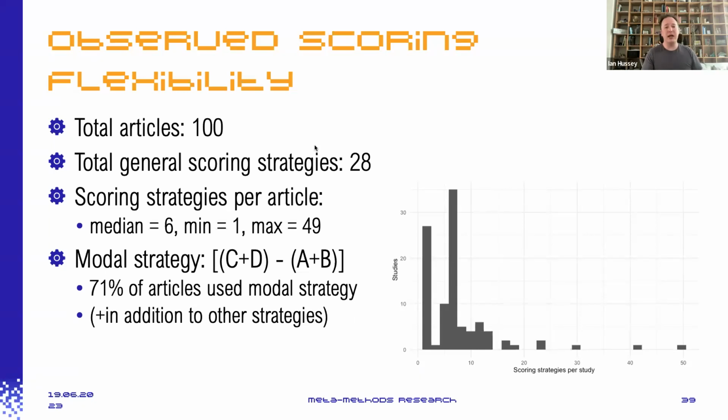Producing a median of 6 scoring strategies per article, ranging between 1 and a eye-opening, let's say, 49.